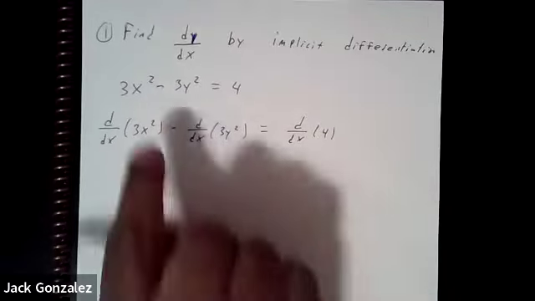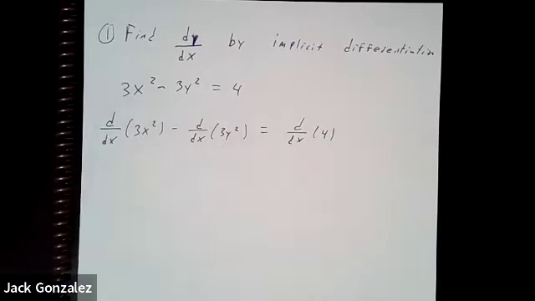So what is this derivative going to be? This section is going to assume you're good at all the rules. Are you talking about the 3x squared? Would that be 6x?